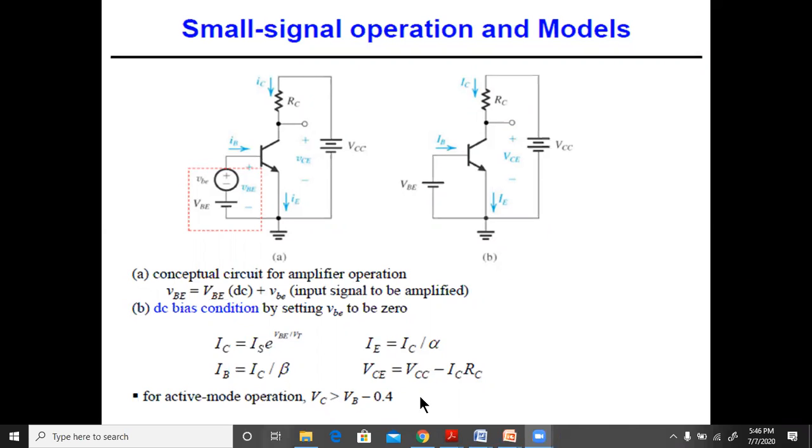Okay, we'll have the DC value over here, right? And if we have the DC value here, all these will be just DC. IC, IB, IE will be all DC.